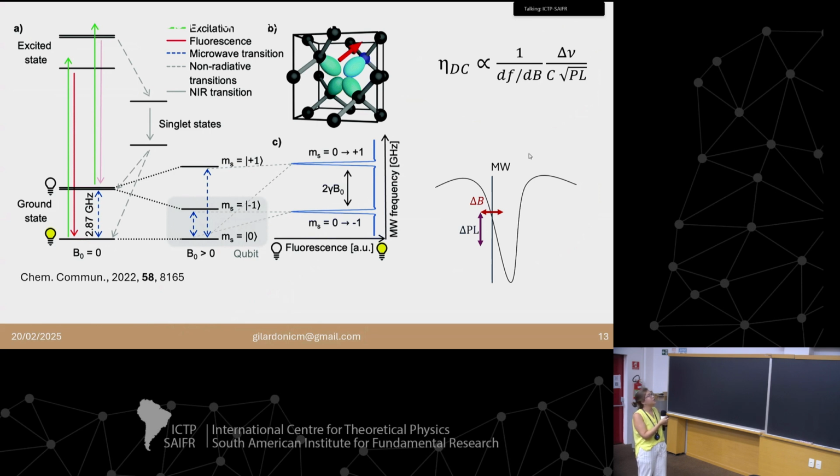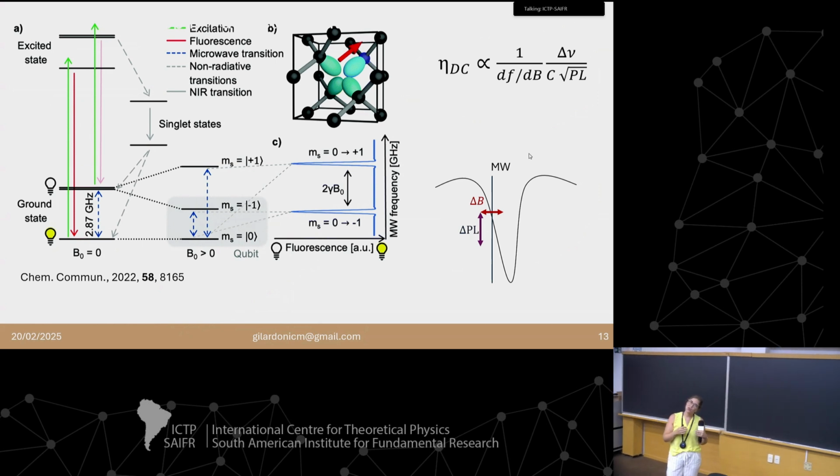Contrast, you can improve. This is all with off-resonant excitation. If you do resonant excitation and you decrease the temperature a little bit, your contrast can be 100%, because you're doing the same as you do optically. You're just reading out the population of a level, whether the population is there or not.